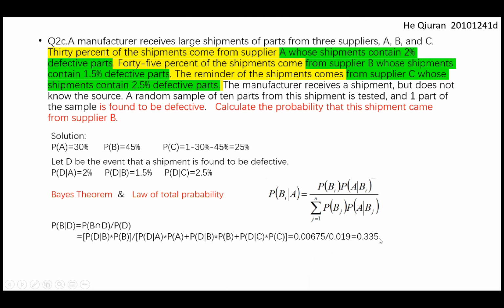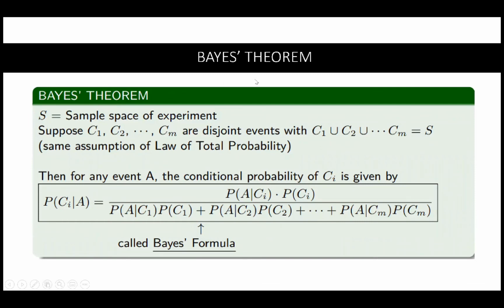So this question's answer is 0.335. Here is the information about Bayes' theorem.